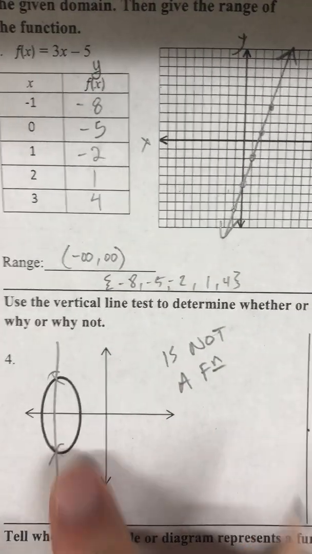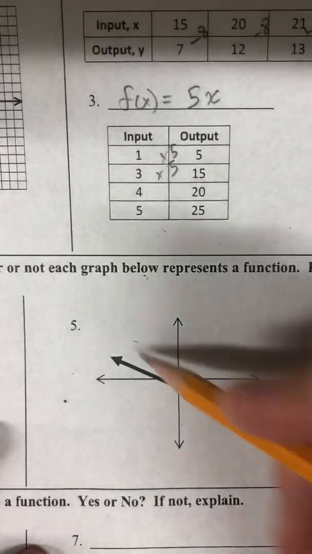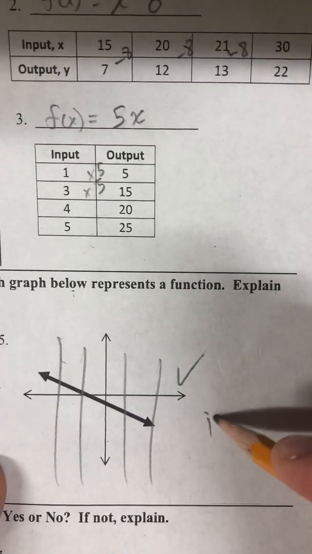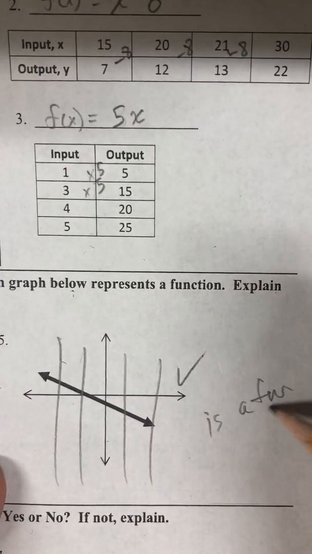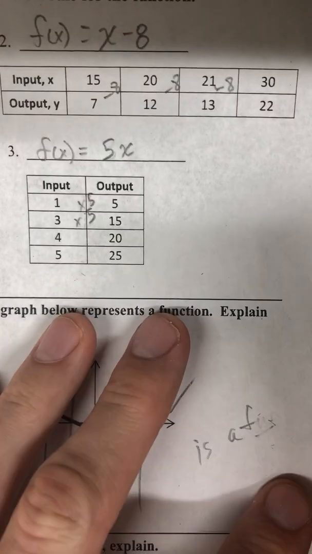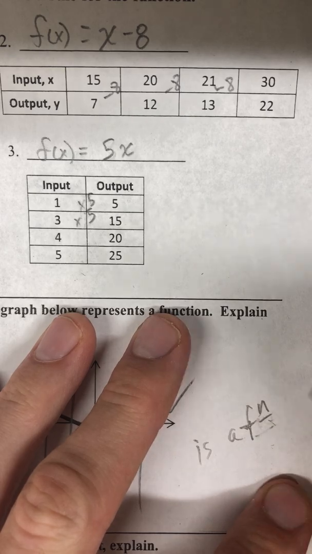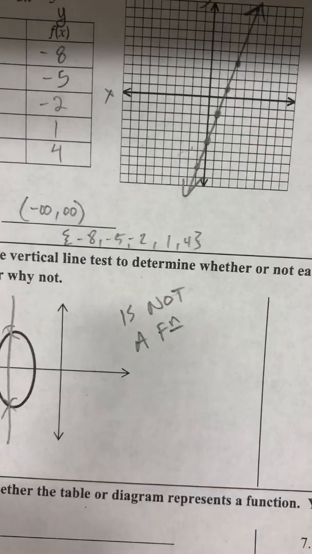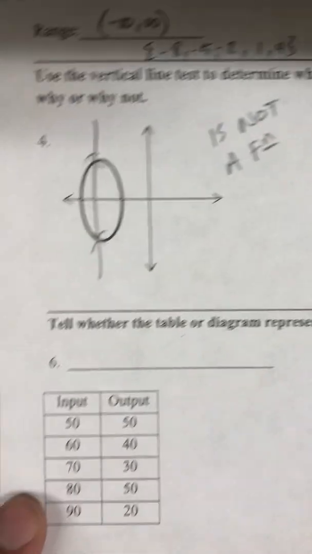Right here, anywhere you draw a vertical line, it passes, so it is a function. And the reason, I'm gonna keep my definition here. Function. The reason is it passes the vertical line test or fails the vertical line test.